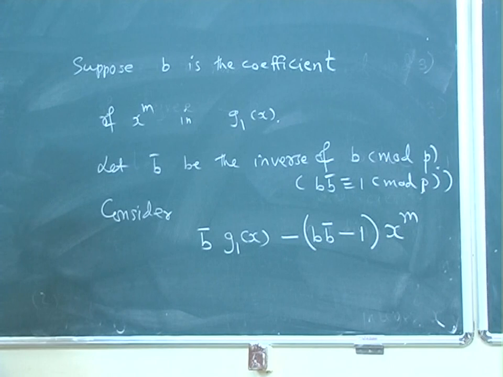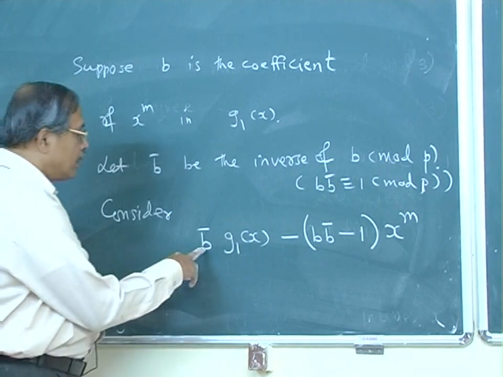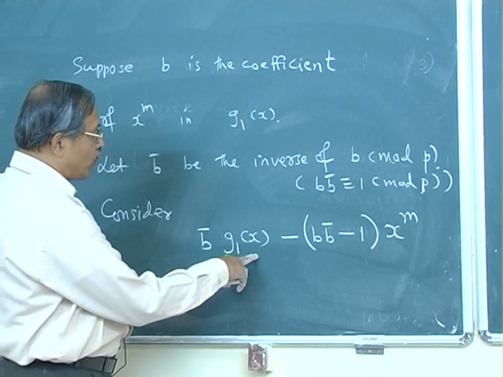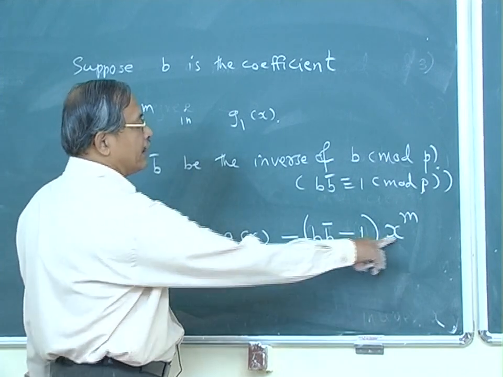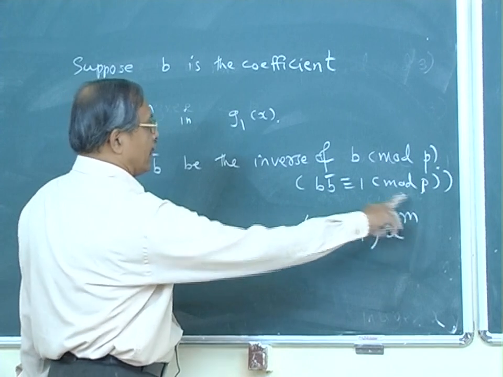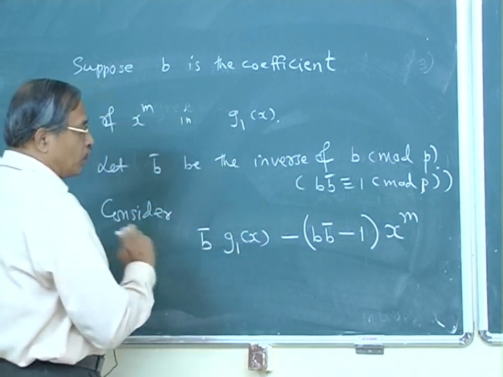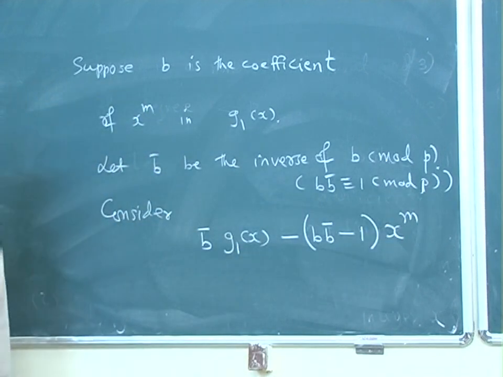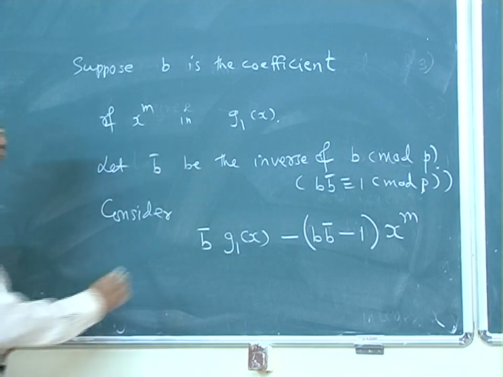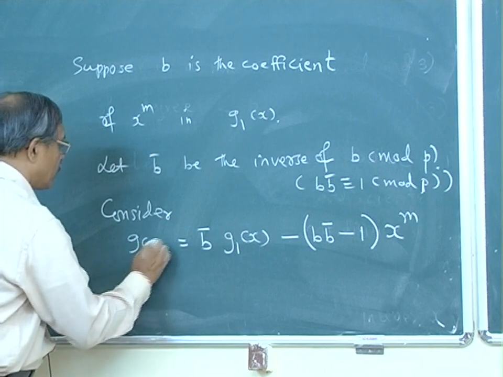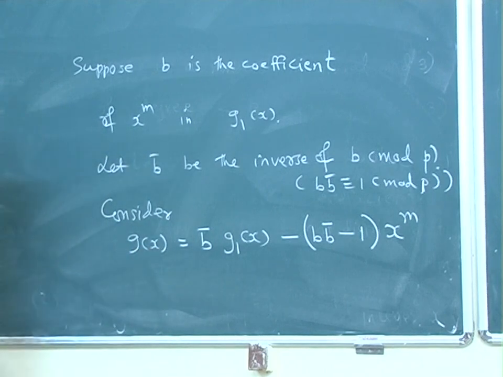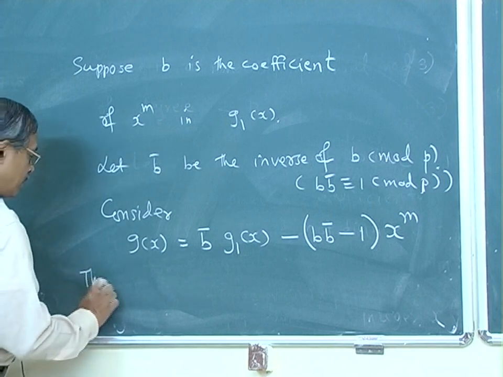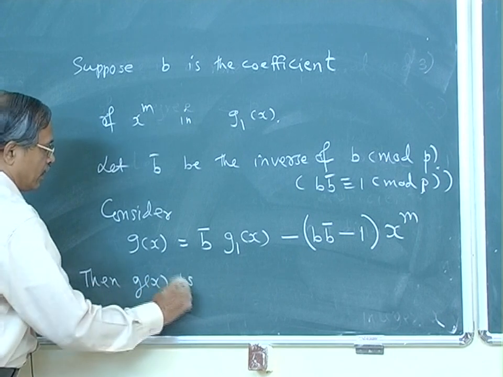So you see that now b bar x raised to m is here, that gets cancelled with the b bar x raised to m. So we get terms of degree smaller than x raised to m. Now minus minus plus x raised to m, so this becomes a monic polynomial starting with x raised to m, and that we call g(x). Then g(x) is a monic polynomial.